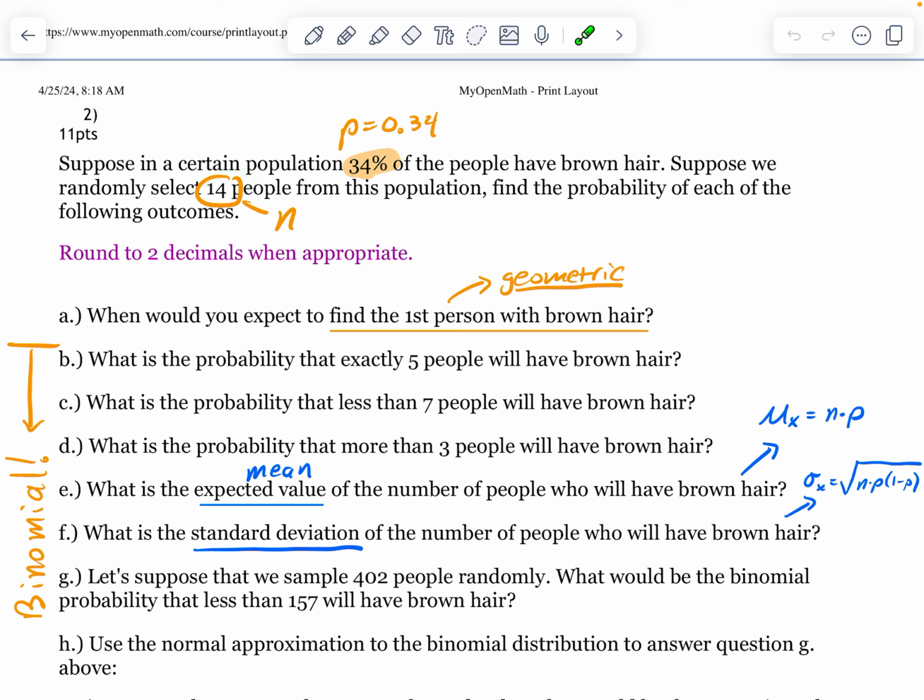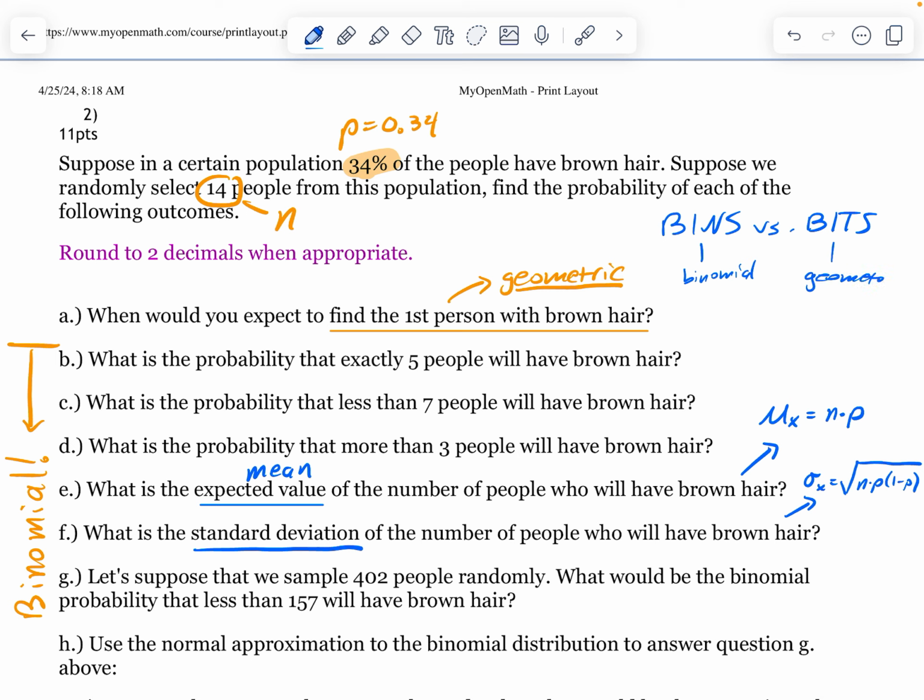So it says here, part A, when do you expect to find the first person with brown hair? This is the only question in all of these that is a geometric question. You may remember bins versus bits. Bins is binomial. Bits was geometric.